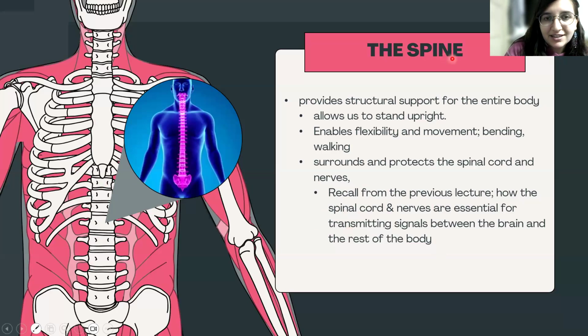The spine is the bone that protects the spinal cord, and it provides structural support to the entire body. And if you missed the previous lecture, you can go and have a look and then connect the two systems, how they help each other, the different systems in the body. So without the spine, you couldn't actually bend or twist around.